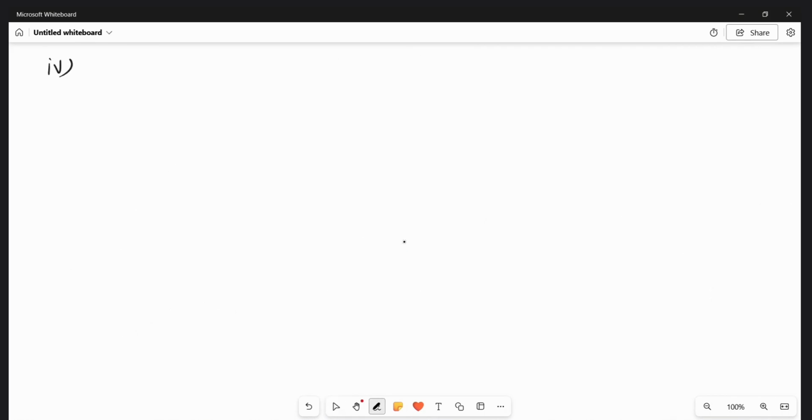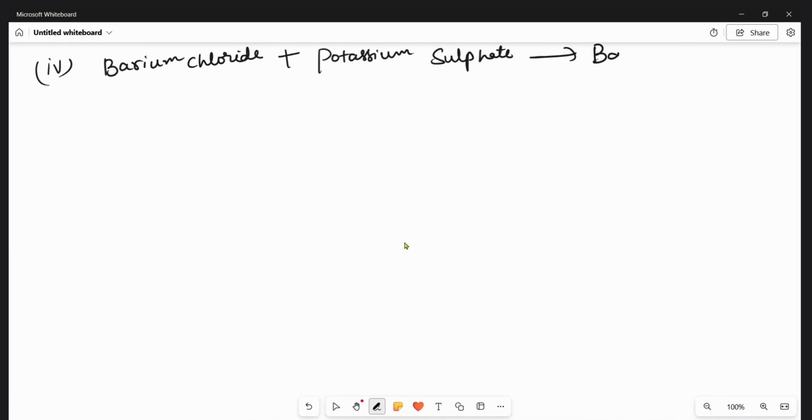Barium chloride, next one. Barium chloride plus potassium sulfate, we get barium sulfate plus potassium chloride.